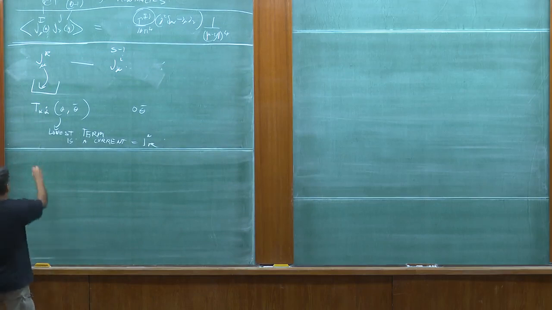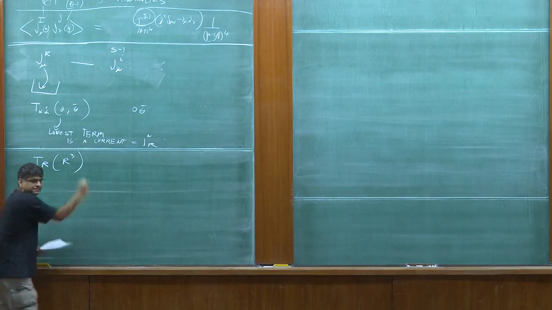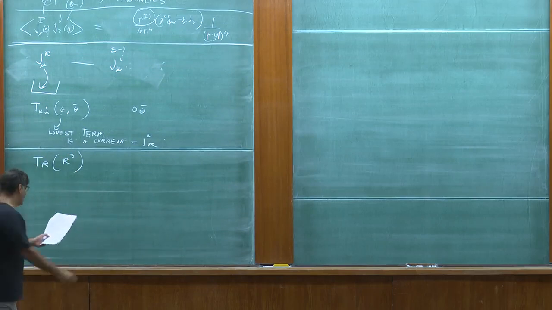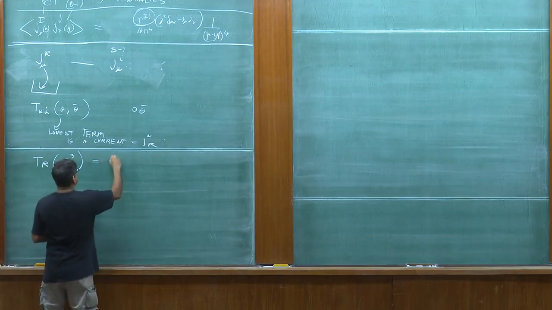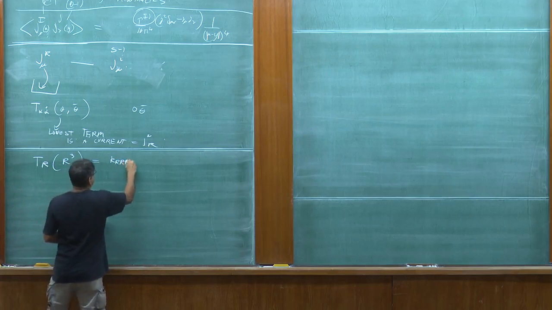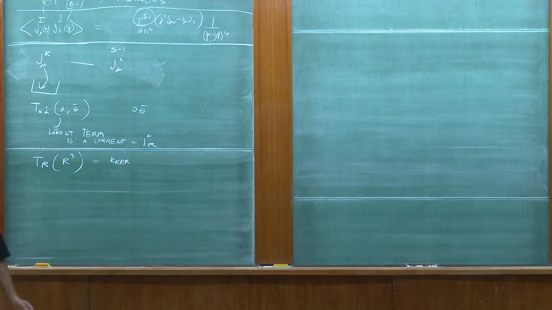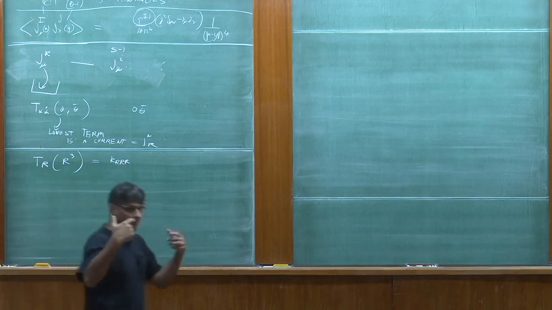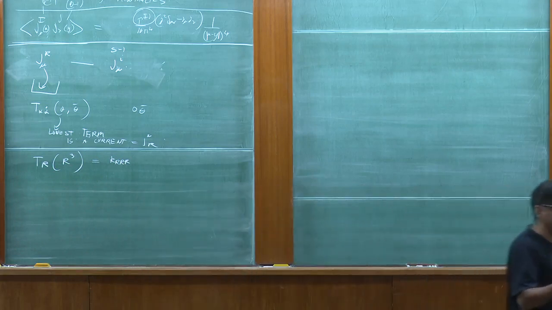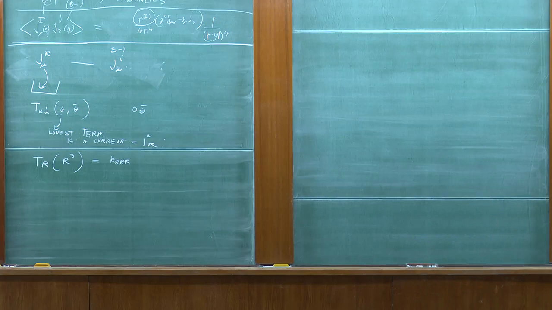That when we compute the anomaly coefficients of the R symmetry, we get trace R cubed is equal to K R R R. Now what does this mean? Here what we are doing is computing del mu J mu of the R symmetry current with 2 F mu nus also coupling to the R symmetry current.